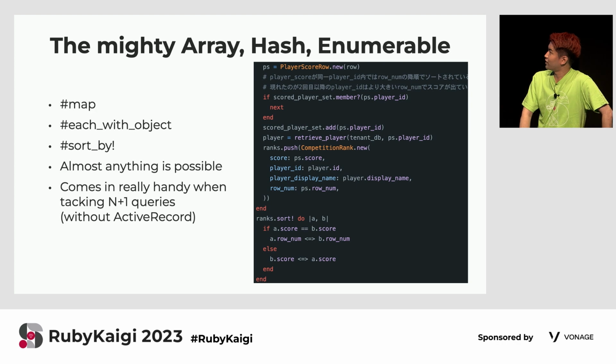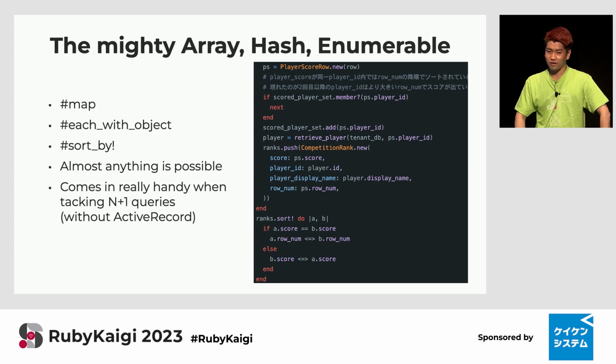We have mighty arrays, hashes, and enumerables. We have really many handy methods that don't tend to exist in other languages, like map, each_with_object, sort_by. Almost anything is possible, and those really come in handy when tackling n+1 queries.